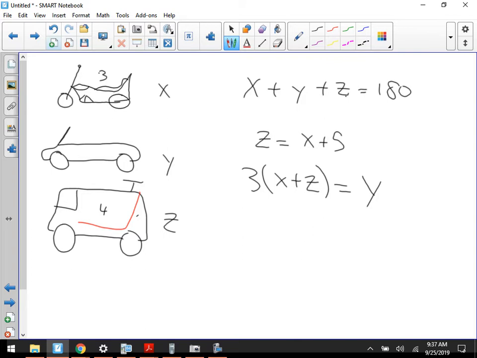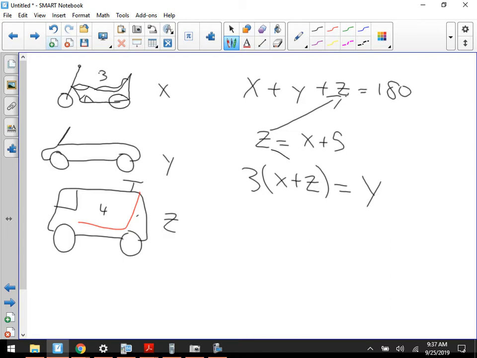Notice how we have x plus y plus z is 180. The next equation says z is x plus 5. So I know that I can substitute into here and have an x plus 5. I also know that I have a z in the next step that I can also replace with x plus 5. Everybody see that?